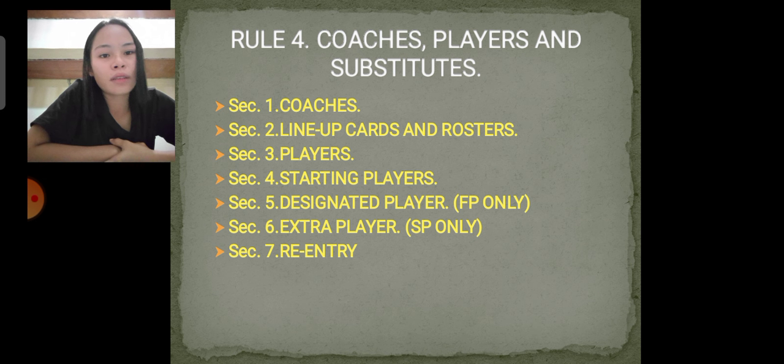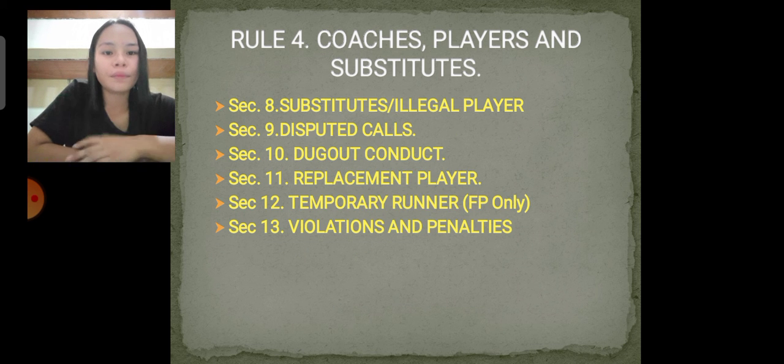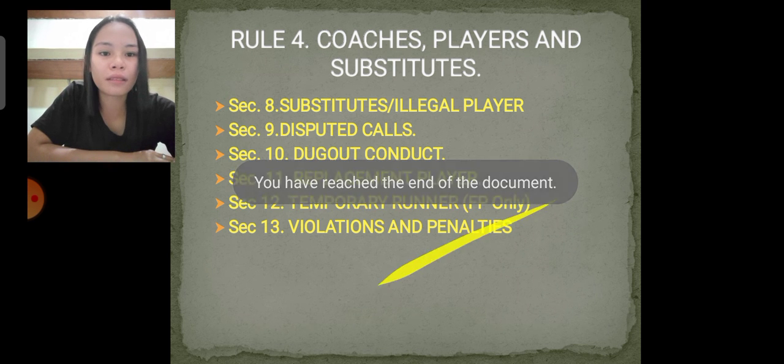Section 1, coaches, lineup cards, and the rosters, the players, starting players, designated player or DP, extra player or EP, or re-entry. Number 8, substitute, illegal player, disputed calls, dugout conduct, replacement player, temporary runner, the violations and penalties.